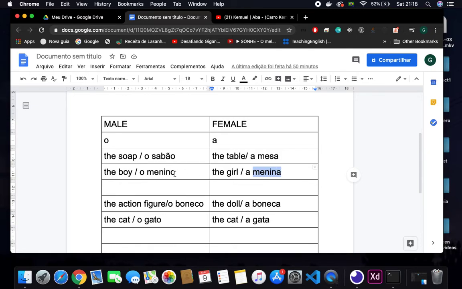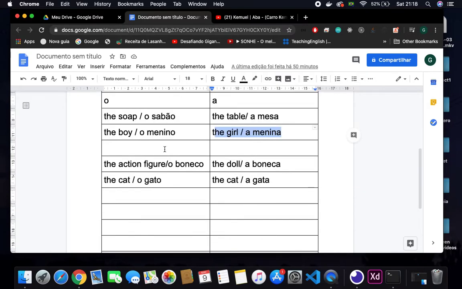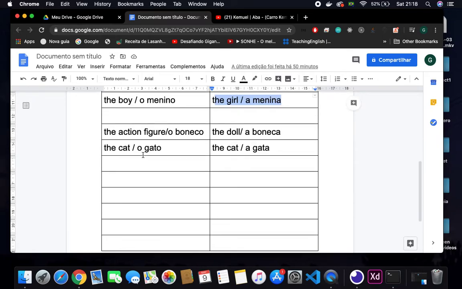Usually, almost all the words have both forms, okay? But there are some cases, just as every rule has its exception, okay? There are some cases where it's not applied. For example, how to say the word boneco in English.